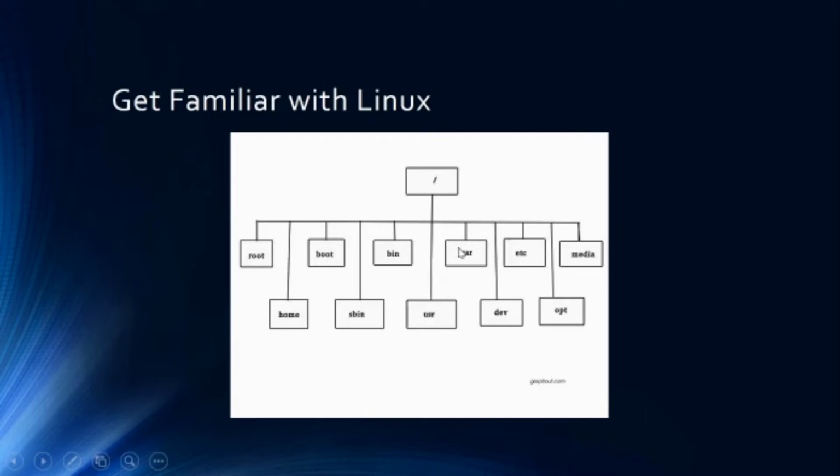So for instance, we have a folder called etc under the root. This folder includes all the configuration files. I'm going to show you that in a few seconds in the Kali Linux virtual machine. I'm just explaining to you the main difference between Windows and Linux.